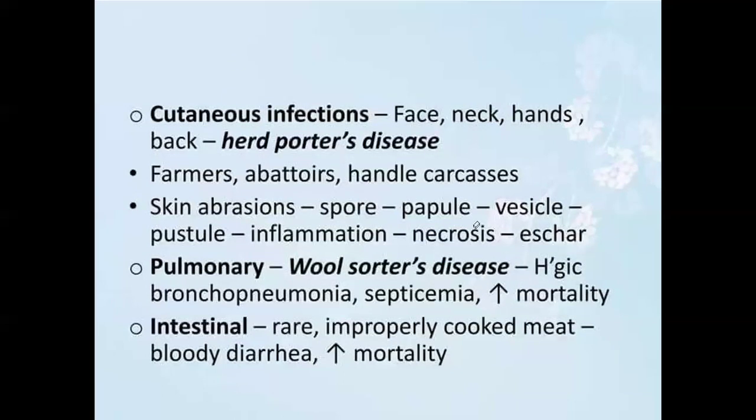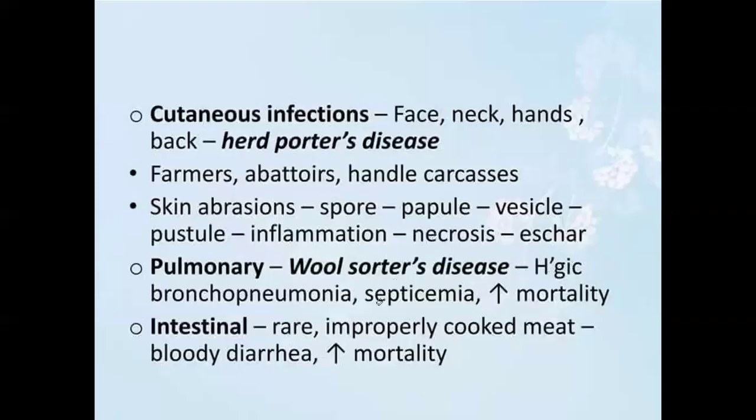After inhaling the spores, you develop flu-like symptoms, okay? So you start coughing, sneezing, then you get fever, and then you get bronchopneumonia. It goes on to develop pneumonia, hemorrhagic bronchopneumonia, meaning there will be blood involved, okay?